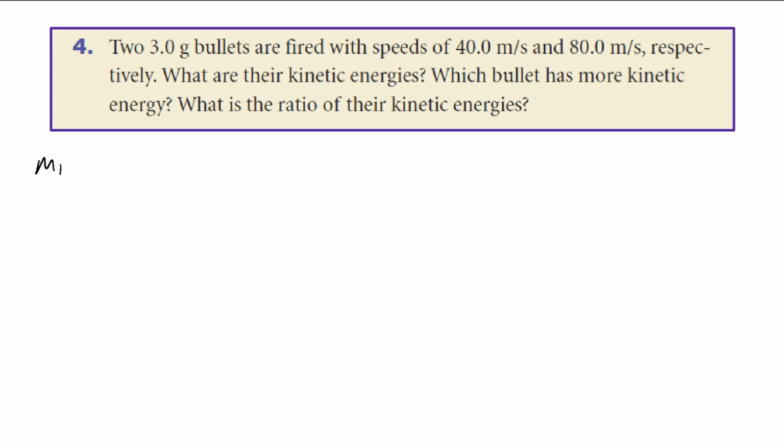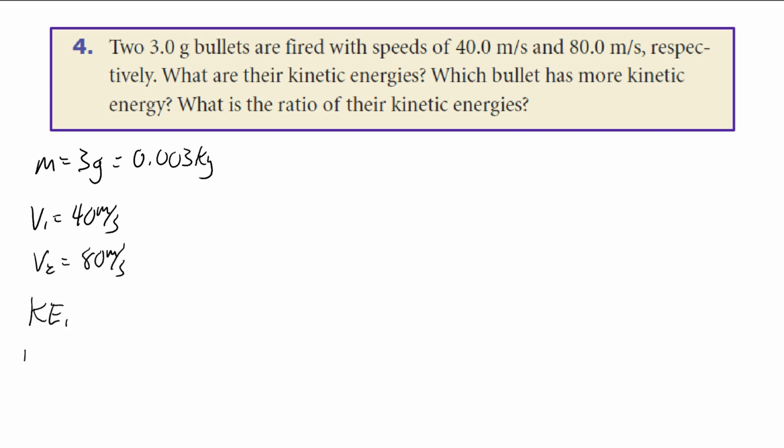So the mass of the bullets, they're both the same, is 3 grams, which we said was 0.003 kilograms. The velocity of the first one is 40 meters per second. The velocity of the second one is 80 meters per second. And they want to know what the kinetic energy of each one is.